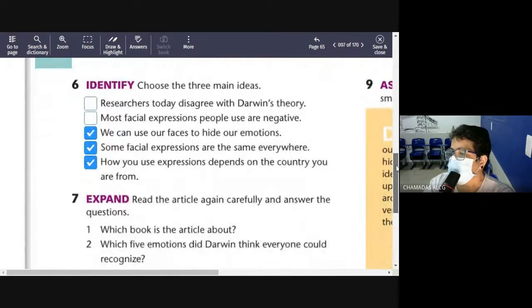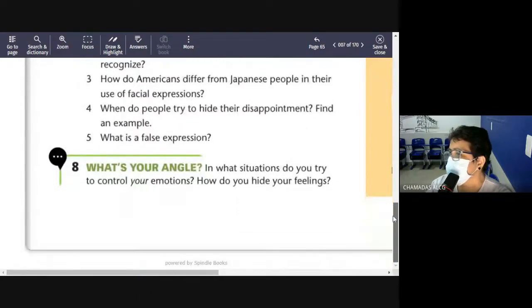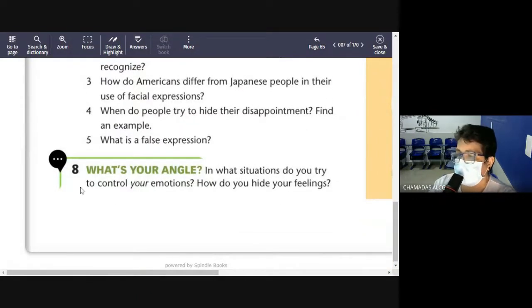All right, people. So now we've already done number 6 and number 7. Let's discuss number 8, which is about our personal opinions. In what situations do you try to control your emotions? Do you try to control your emotions when you are doing a test?